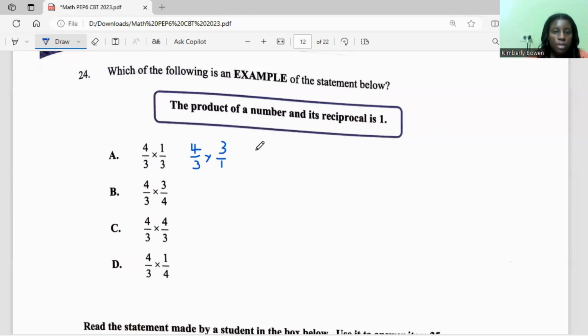Let's see if this is 1/3, and 4/3 here. I'm going to erase. I'll do this, let's set it out just so I can see. And then 4/3.